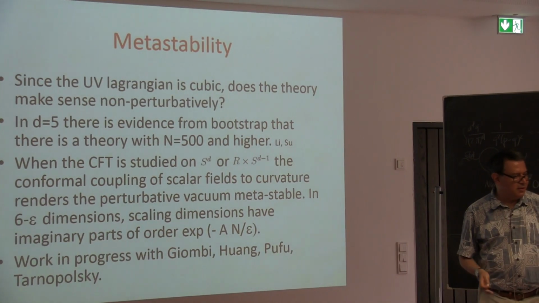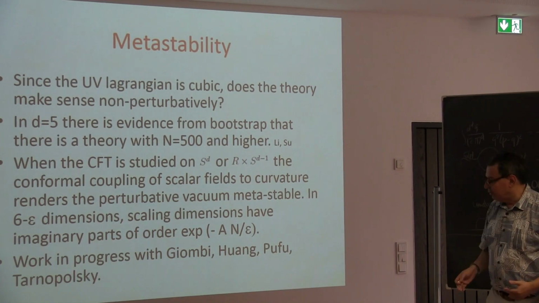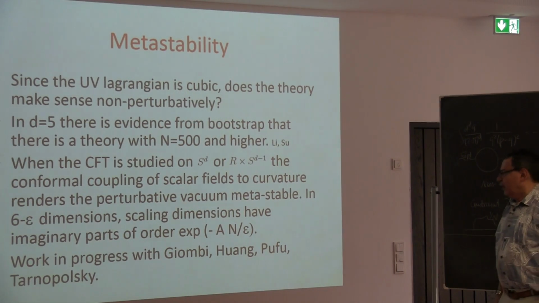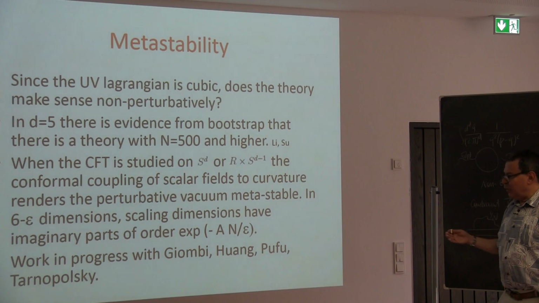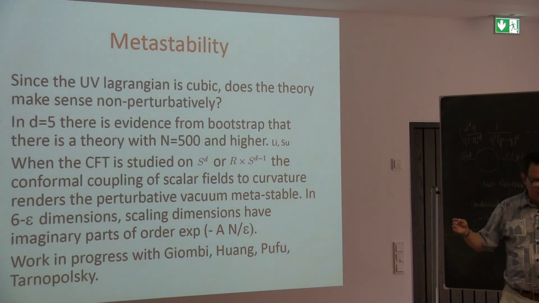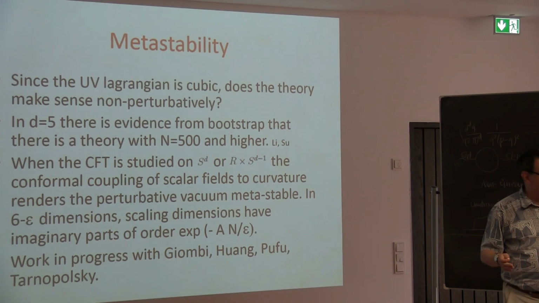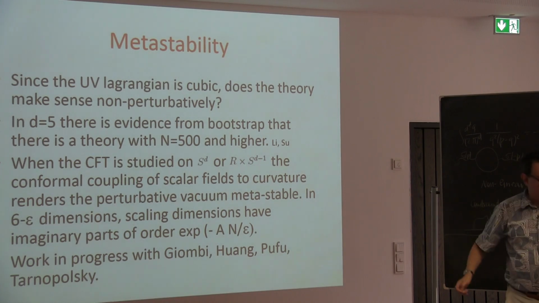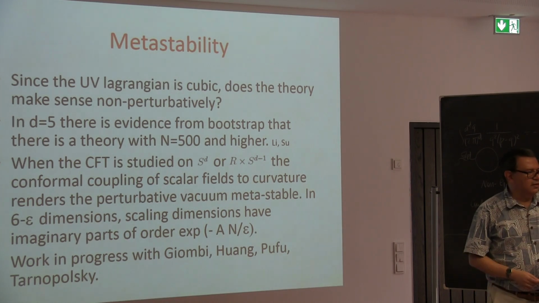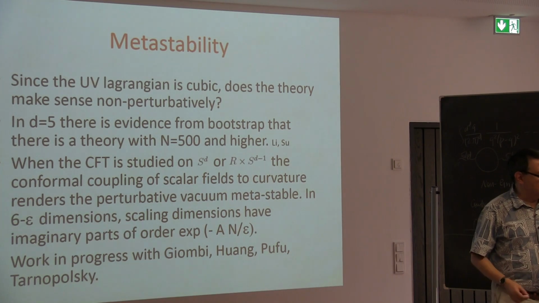So this theory can be made very long-lived at large N. And I think this is the way in which this does not contradict all the rigorous theorems. The rigorous theorems don't address theories like this, which are metastable but very long-lived.